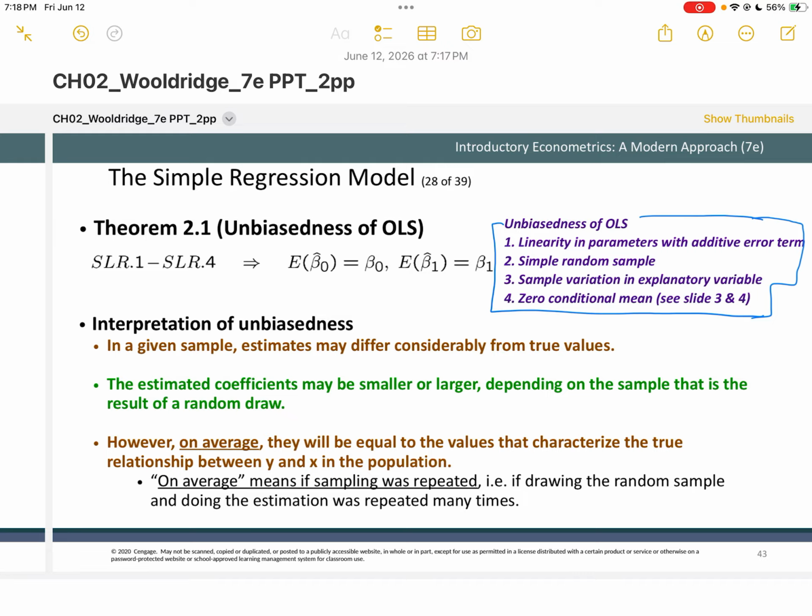So with repeated sampling, right? The interpretation of unbiasedness comes from the fact that we are doing repeated random sampling and looking at the sampling distribution, looking at the average of that sampling distribution and the variance of that sampling distribution.